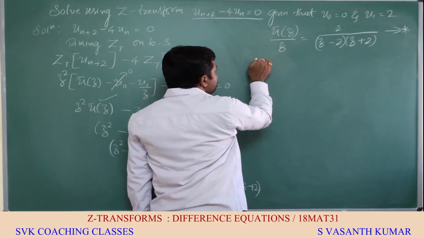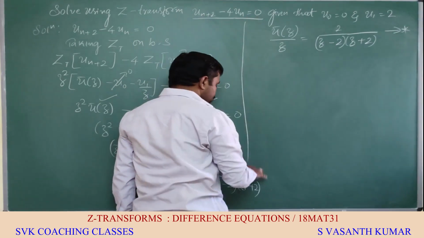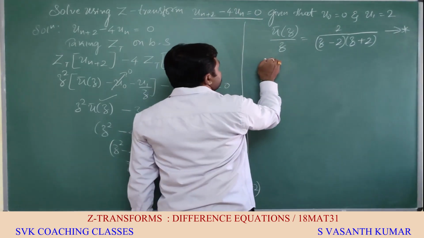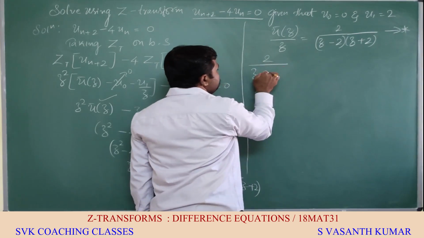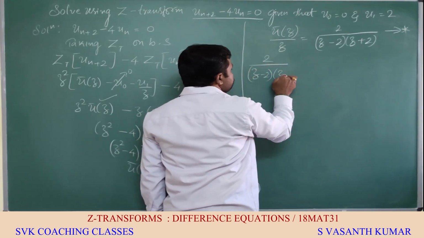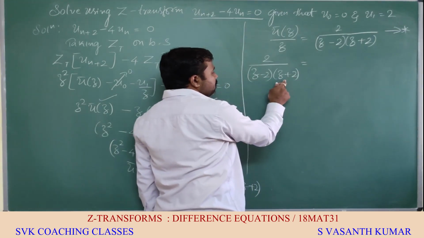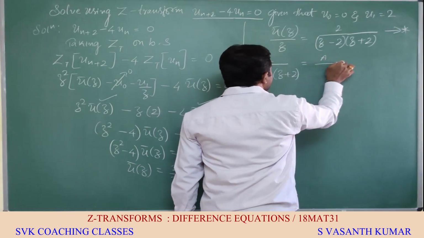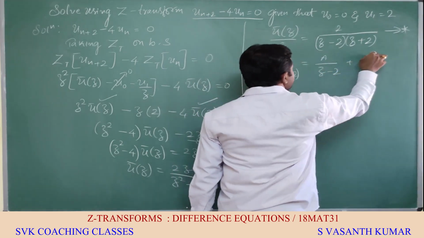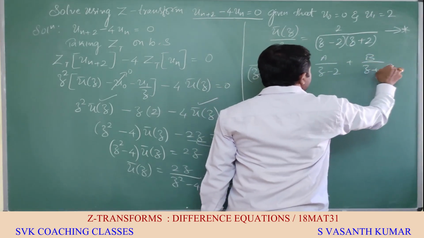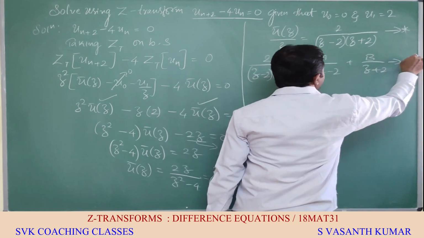Consider the RHS from star, that is 2 by z minus 2 into z plus 2. By resolving into partial fractions, we have non-repeated factors: a by z minus 2 plus b by z plus 2. Name this as equation 1.